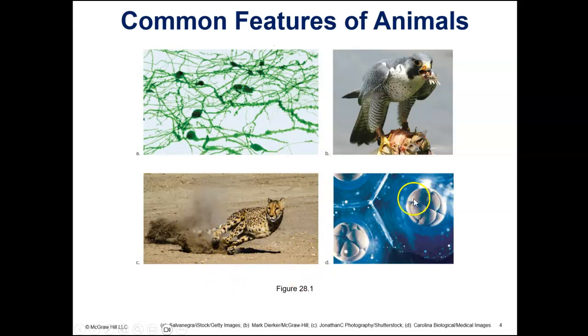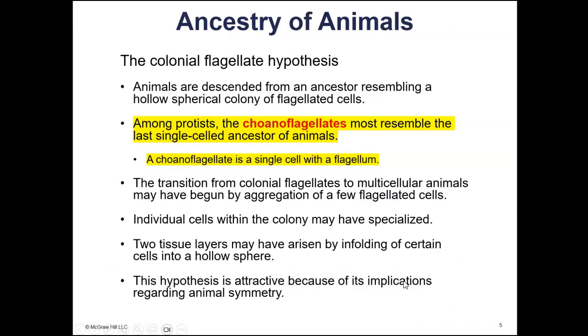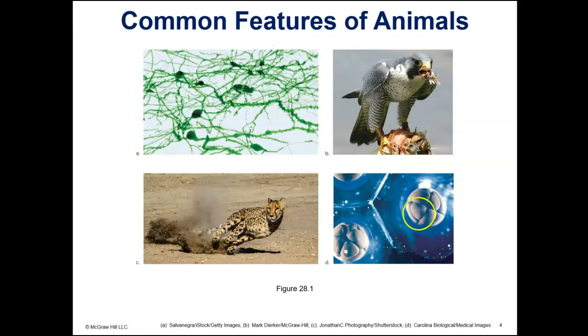And then we have a ball of cells called a blastula, which forms into the embryo of the animal. I guess showing that animals are multicellular, and here we've got animals eating by ingestion, and then animals can move.